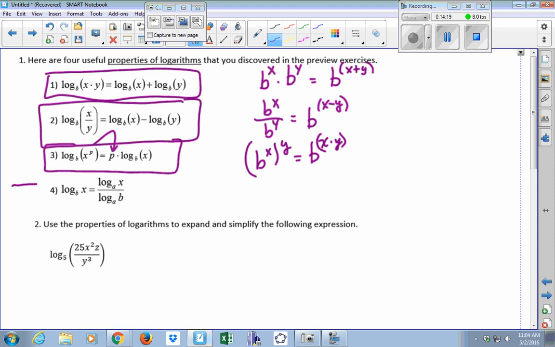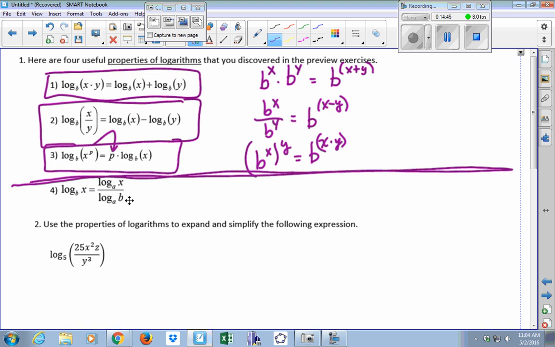Now I'm going to put a big line across here because I don't want you confusing these 3 properties with the next thing I'm going to show you. So separate those out. Again, notice, I'm going to keep saying this. In your original log problems in 1 and 2, you saw multiplication and division. You didn't see any multiplication and division on the right-hand side. However, you do in number 4 see a division of 2 logs.